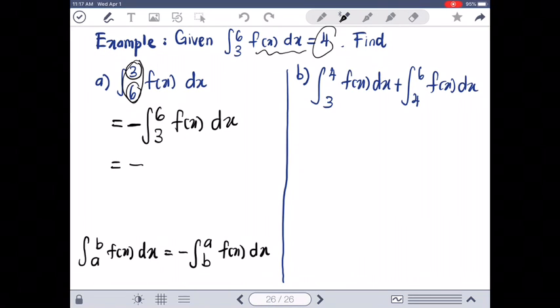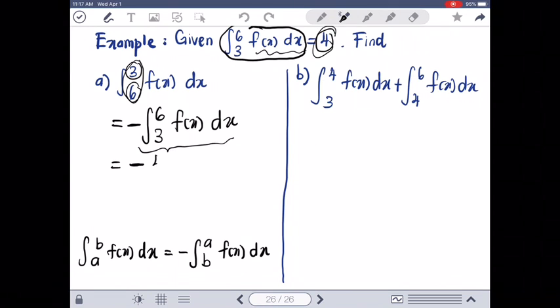So this is just equals to negative, since it's given that integration from 3 to 6 of f x dx is equals to 4. So the answer should be negative 4.